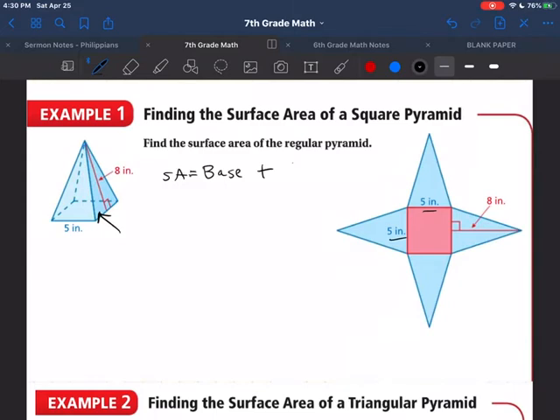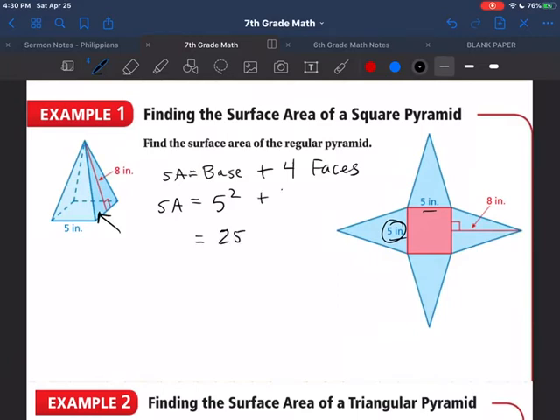The area of the square base plus the 4 faces, right, in this case. So the area of a square is simply the side squared, so 5 squared, which would be 25.